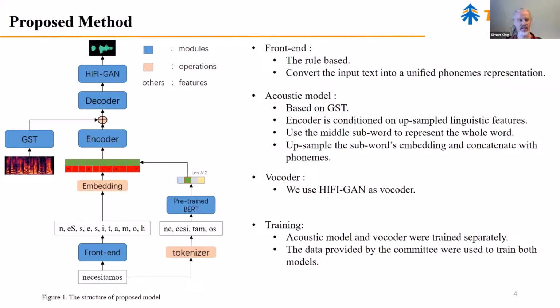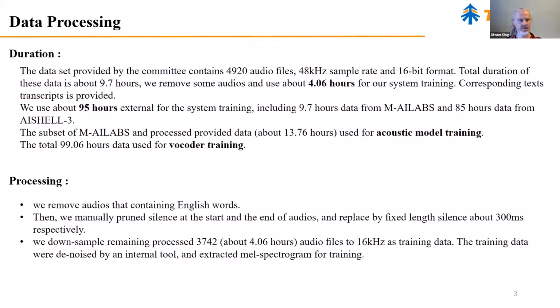While we wait for others, I did have a question about the denoising. You mentioned denoising the data. I wonder why you thought that was necessary. I didn't see other teams doing that because this was studio data. Or are you talking about denoising the other data set? I can explain this question. I analyzed the data provided by the committee, and it has a low level of noise, but it's not very high.